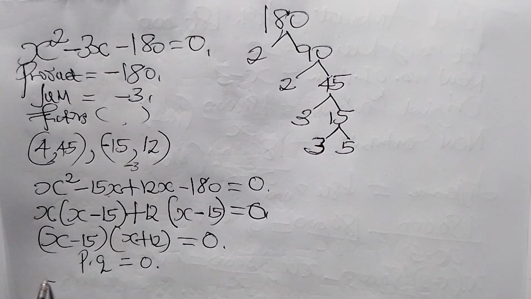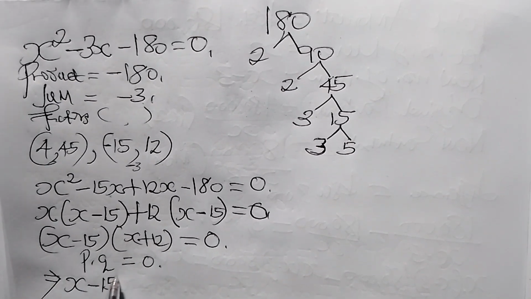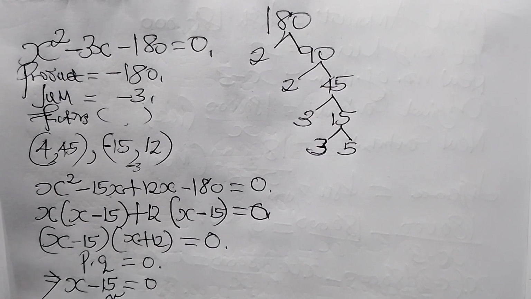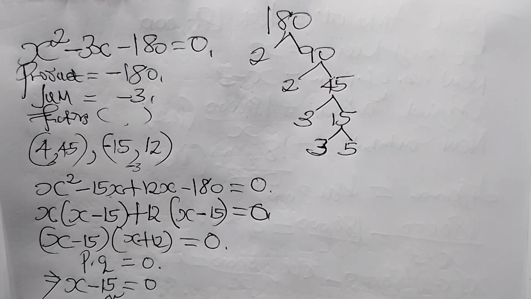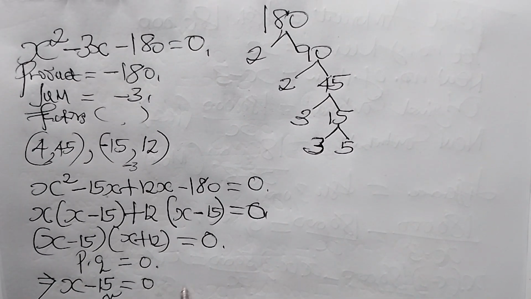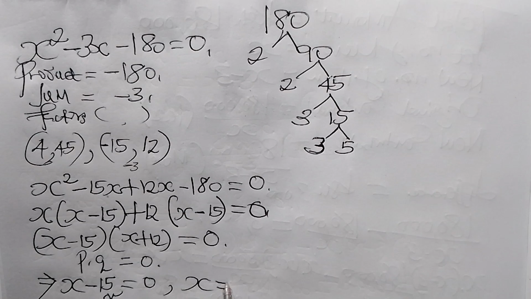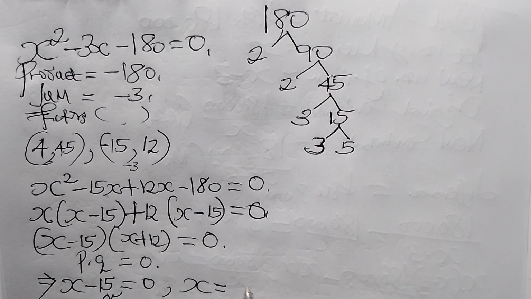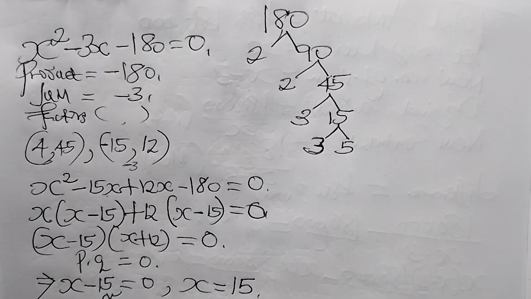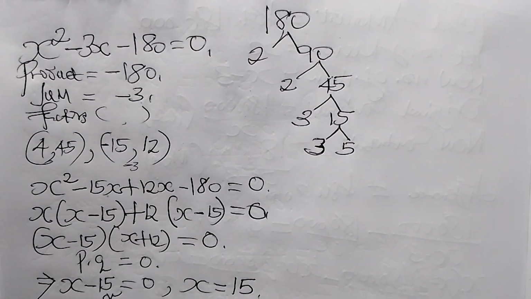Therefore, x minus 15 is equal to 0 or x plus 12 is equal to 0. When you add 15 on both sides, x is equal to positive 15, and here x is equal to negative 12.